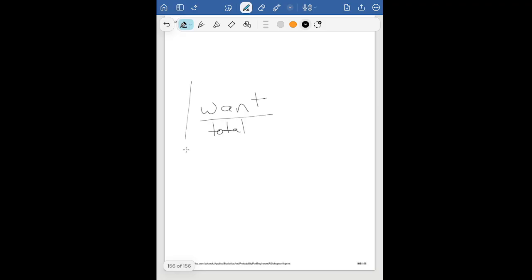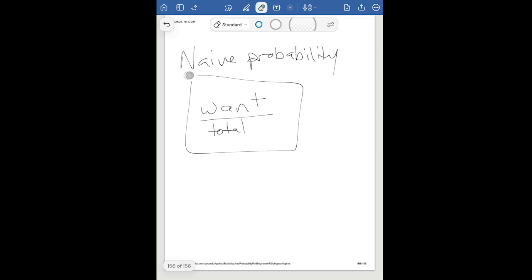And even with our naive probability in our thoughts, undergirding our thoughts in the probability space, we're no longer just taking one number and dividing it by another number and coming up with, oh, that's our probability.